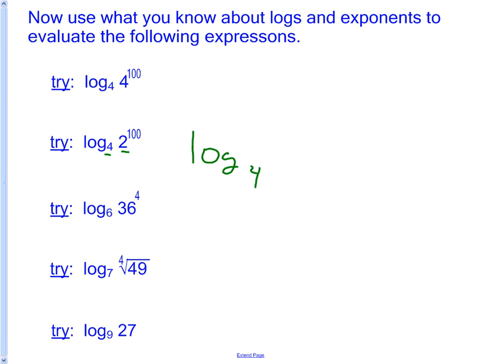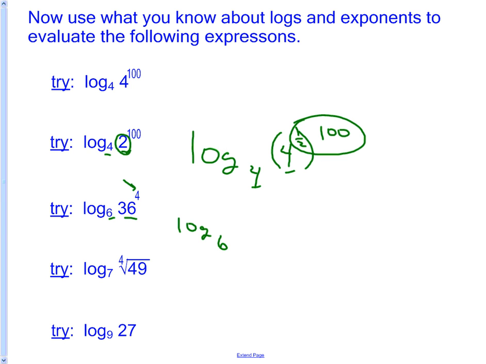And then write your 2 as a 4 to the what? I want this to be the same, right? So I'm going to make it a 4 to the 1/2. And now the base is the same. So that must be your answer. And what is it? 50. You get that? I can make these bases the same, and then my answer will just be this.